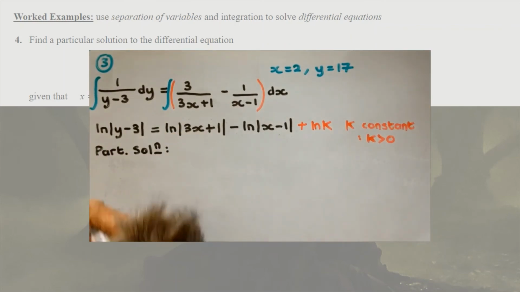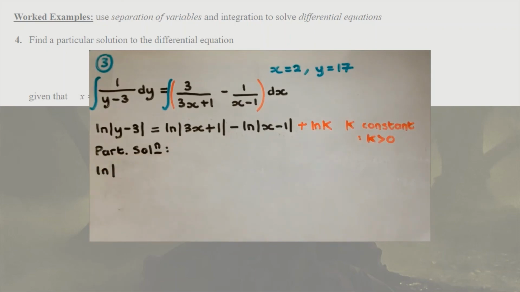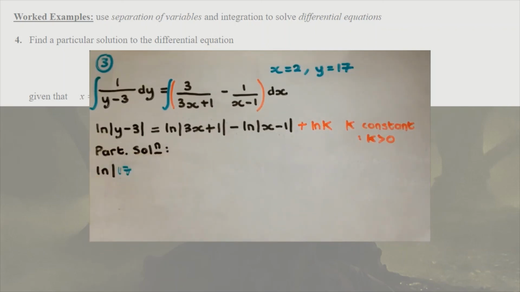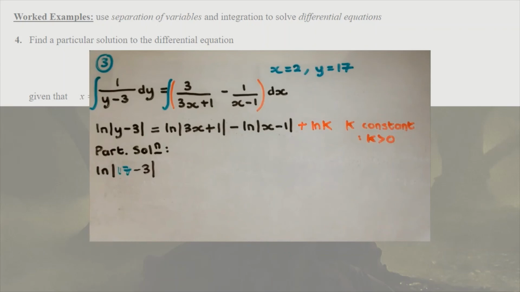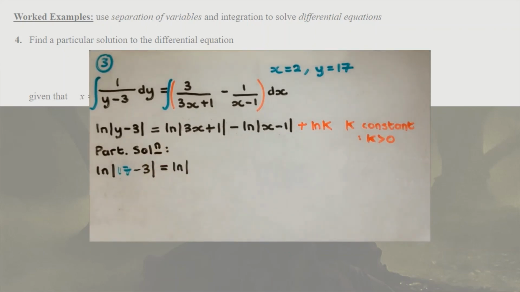we're going to have, yes, so log of 17 subtract 3. So 17, I hope you can see that, is equal to the natural log, and then it's going to be 3 lots of 2.